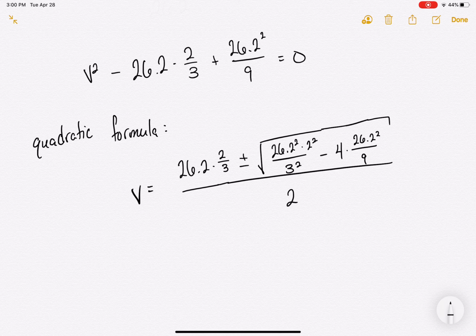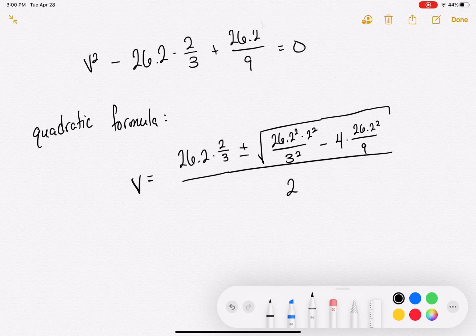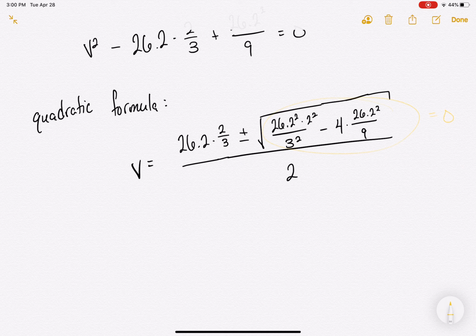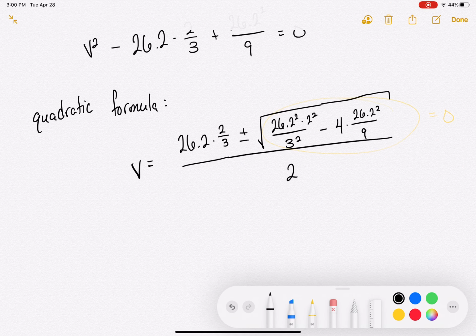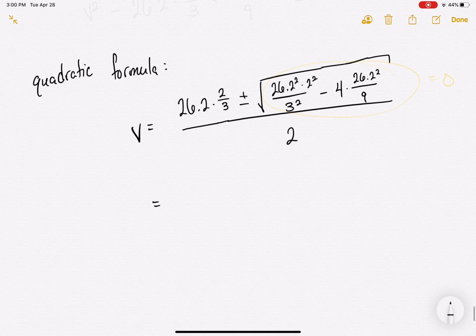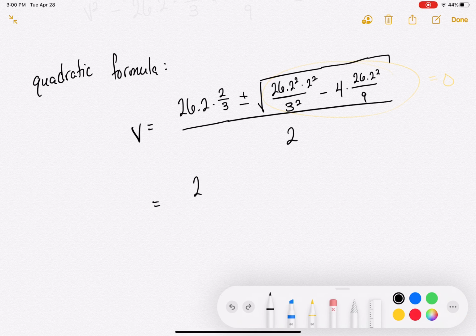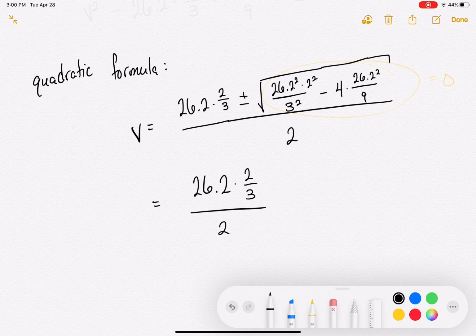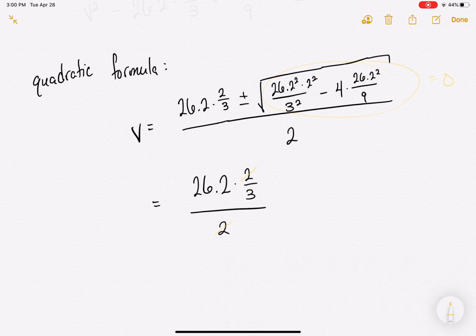And all of a sudden, you guys are like, son of a gun, Evan, how do you get these numbers to work out? Notice that the discriminant is equal to 0. So this is just 26.2 times 2/3 divided by 2. So of course those 2's cancel as well.